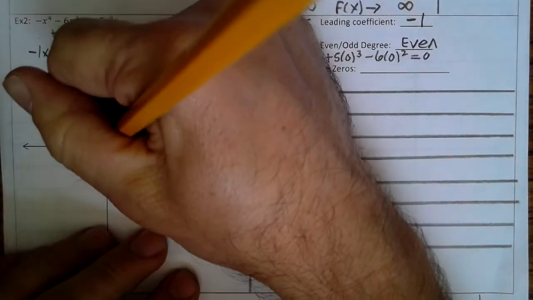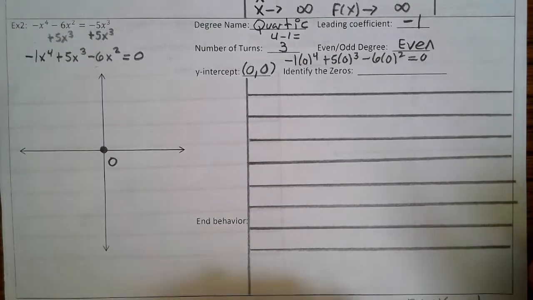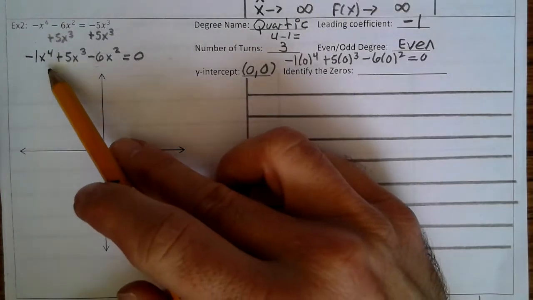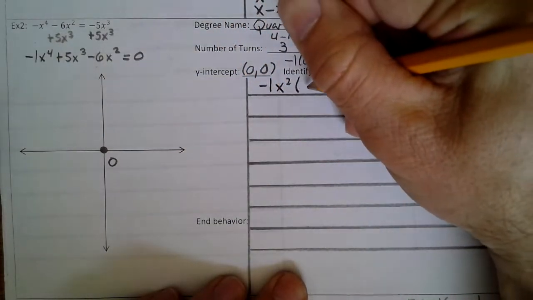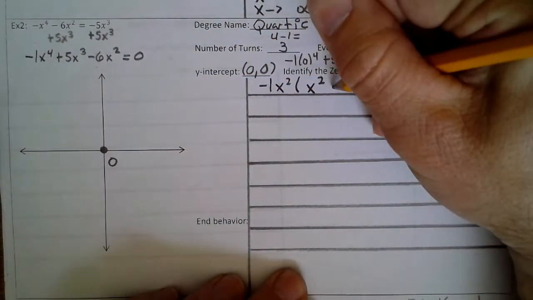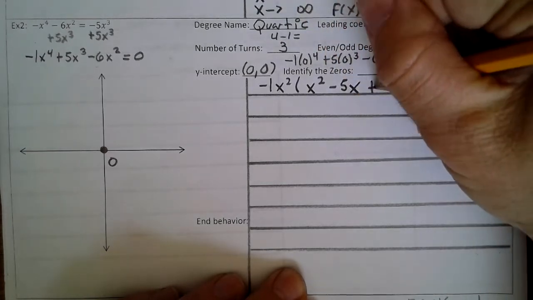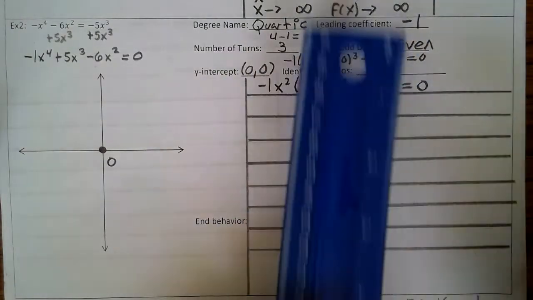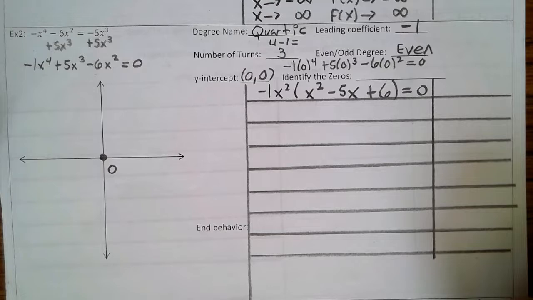Okay, now we're going to see if we can factor this. So it looks like we can factor out a -1x squared from each term, which leaves x squared minus 5x plus 6 equal to 0. So let's see if we can factor this.